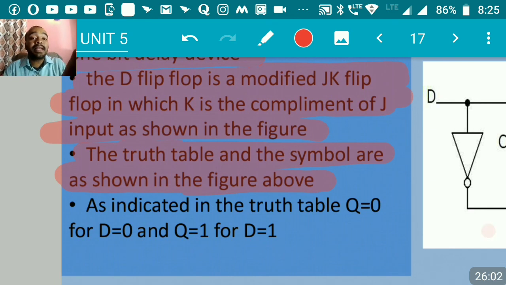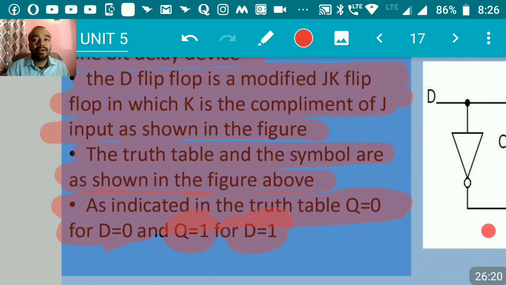Next, as indicated in the truth table, Q is equal to 0 for D equal to 0. That is what we call the reset state, and Q is equal to 1 for D equal to 1. That is called the set state. So in the D flip-flop also you have two states, set and reset.